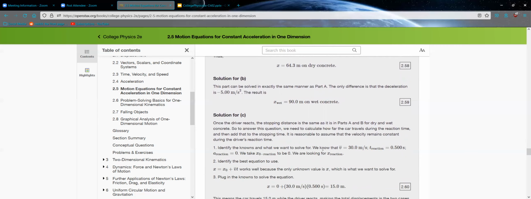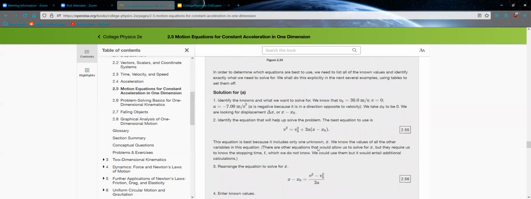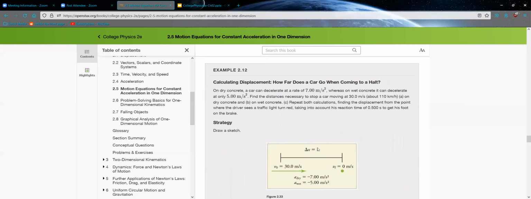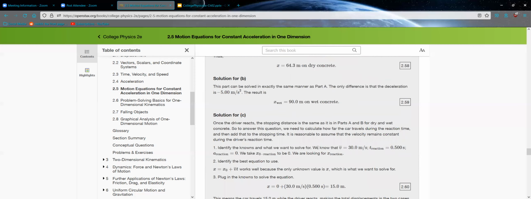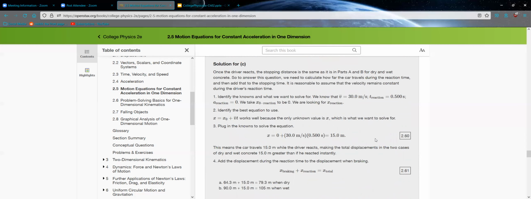Now we are caring about time involved, given that initial reaction time of half a second. So what do we do there? Well, again, we find an equation that has what we want and we solve for it. So we know our knowns. We define the equation, in this case, X equals X naught plus VT. And we can determine based on that how long you're going to be going post that reaction, given the velocity that we're talking about here, right?